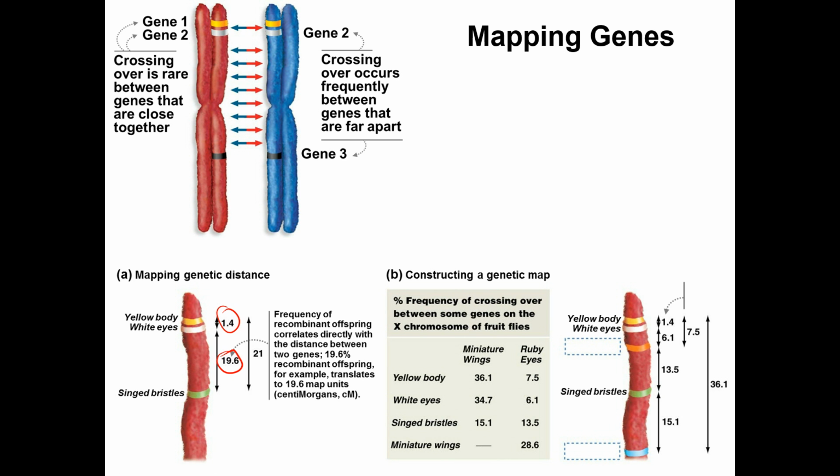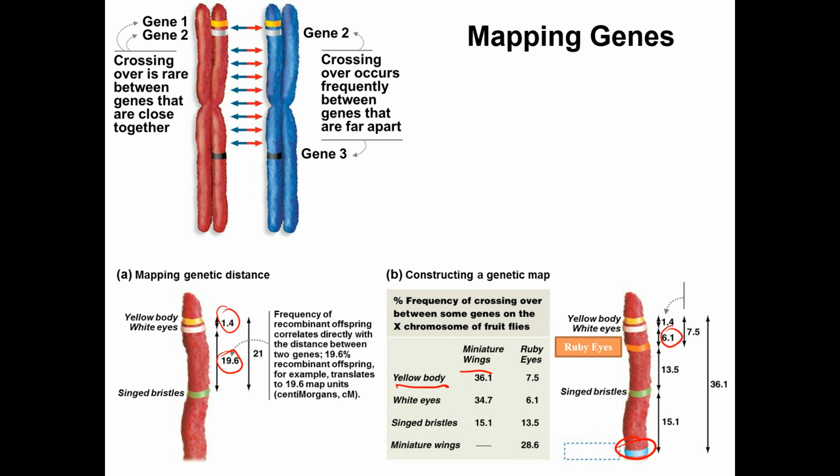Here you're given a table of recombination frequencies. The distance between yellow body and miniature wings is 36.1, so this here is miniature wings. The distance between white eyes and ruby eyes is 6.1, which would imply that this is ruby eyes.